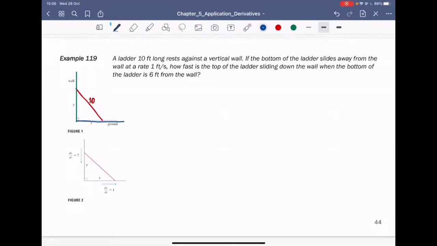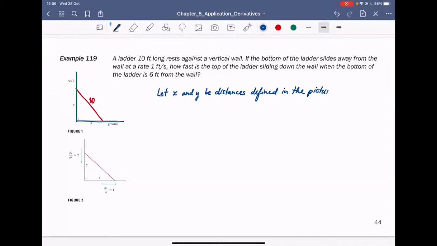So for sure, you can let x and y be distances defined in the picture.